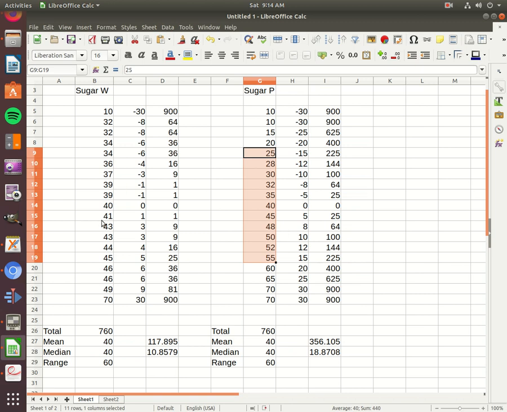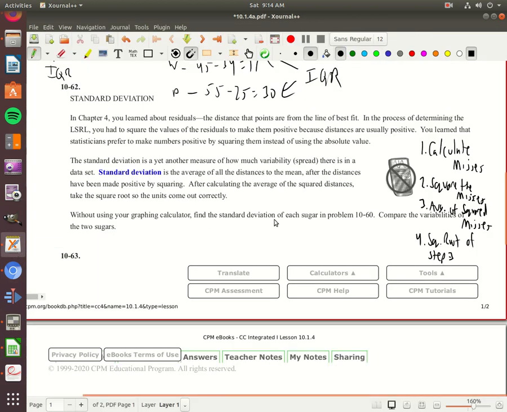All right, so jumping along. So without using your graphing calculator, find the standard deviation of each sugar in 1060 and compare the variabilities of the two sugars. Again, we said that sugar W has a standard deviation of, was it 10.86?